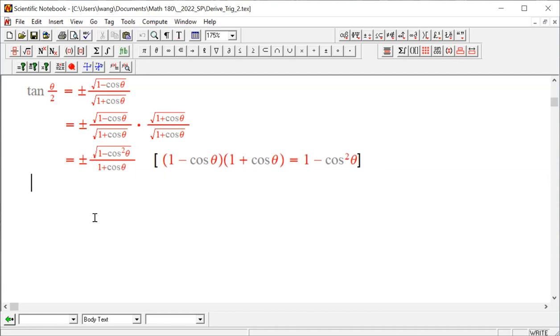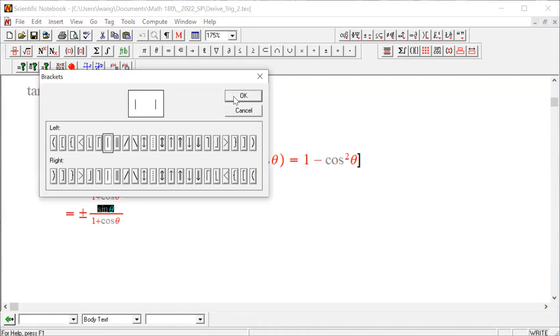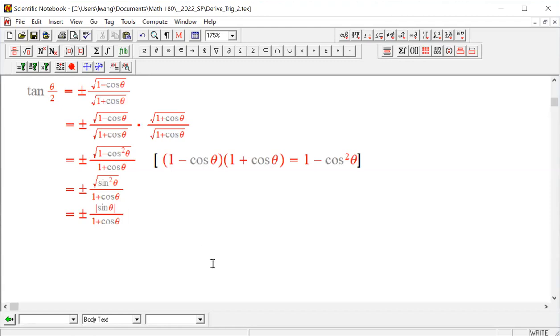Now, the question is, what will the top be? On the top, we obviously get sine squared theta, and what is more, we get sine theta in absolute value.